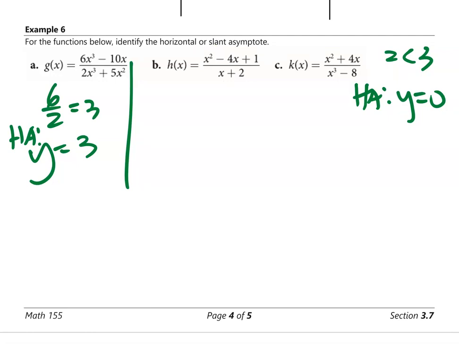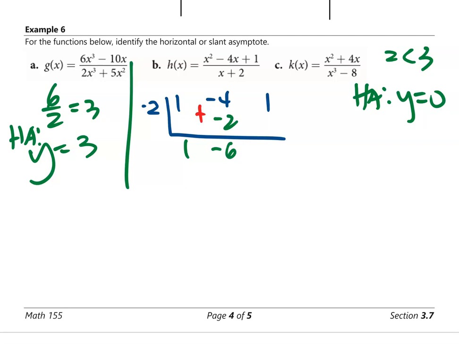So remember synthetic division, x plus 2, that's negative 2. The coefficients are 1, negative 4, positive 1. Bring down 1, multiply, then add: negative 4 plus negative 2 is negative 6.